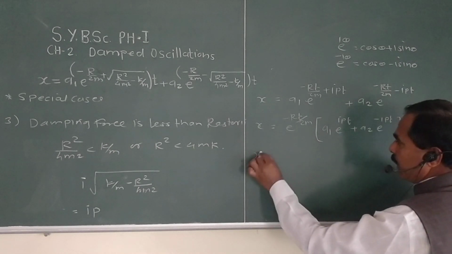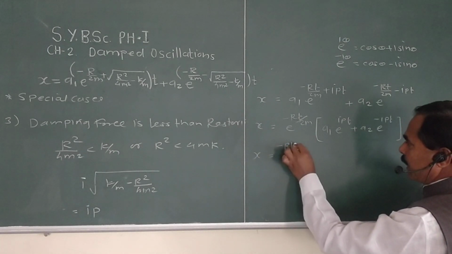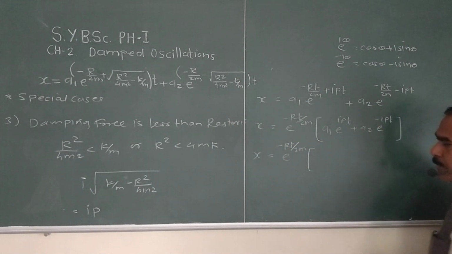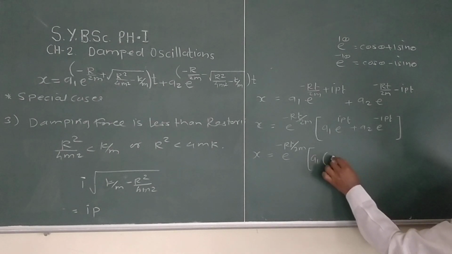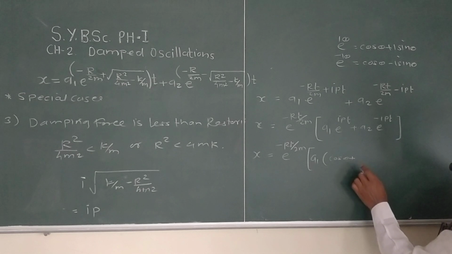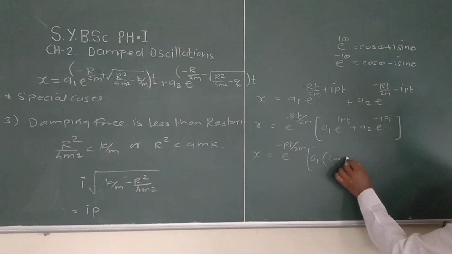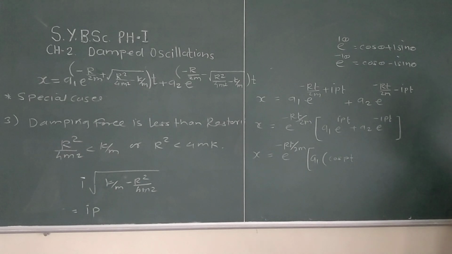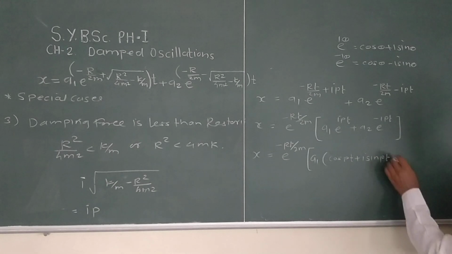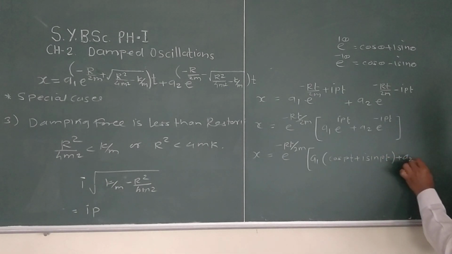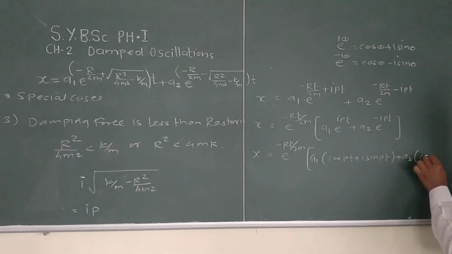Therefore x equal to e raised to minus rt upon twice m, then in bracket a1 times cos pt plus i sin pt, plus a2 times cos pt minus i sin pt.